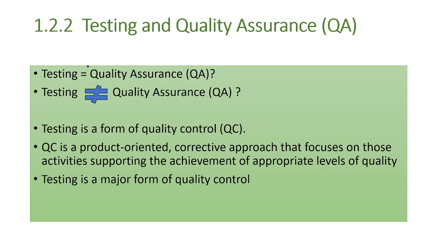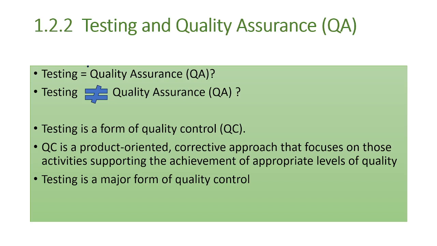Like if you are developing a software, that time also quality assurance can be done. If you are testing, that time also quality assurance can be done. Even in initial days where the requirement gathering along with client and business team is happening, that time also quality assurance can be done.